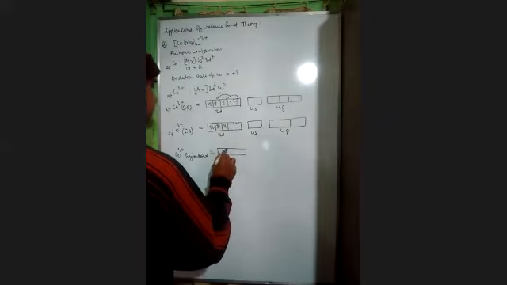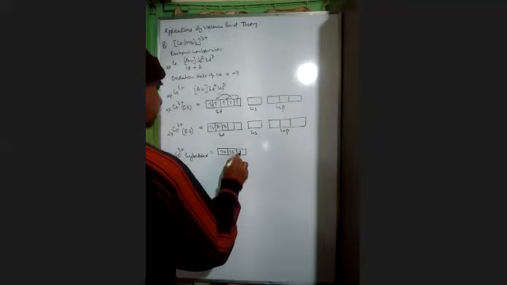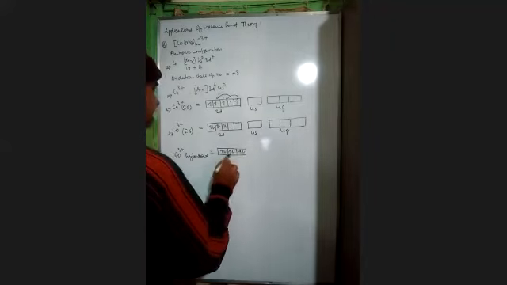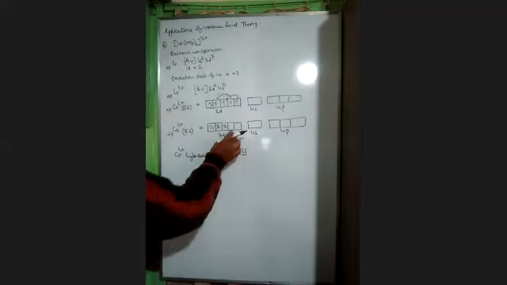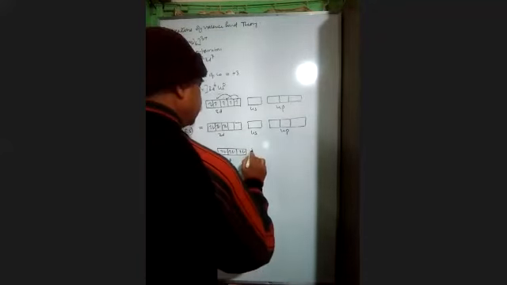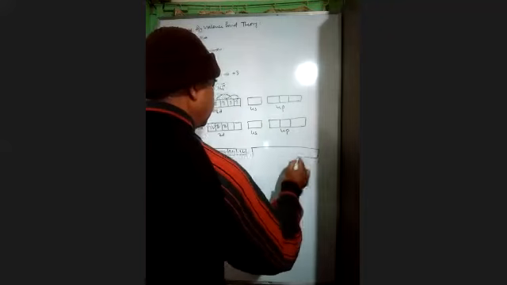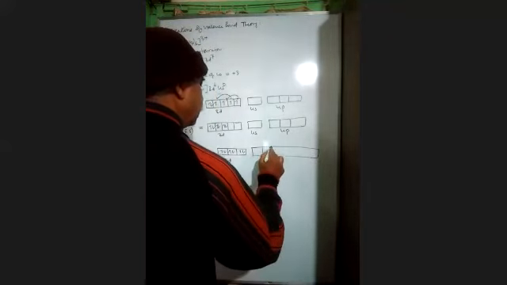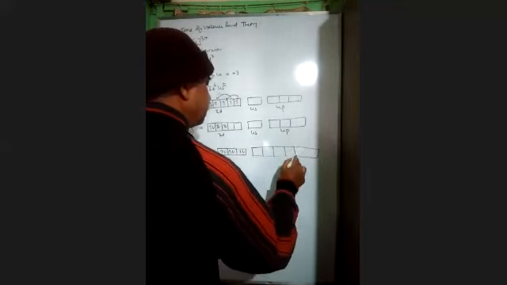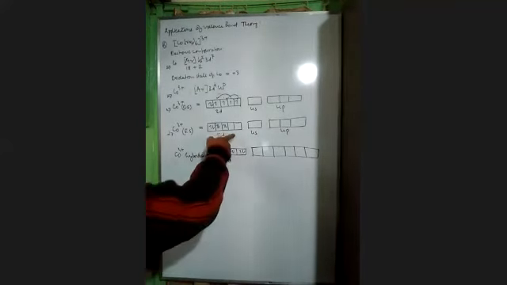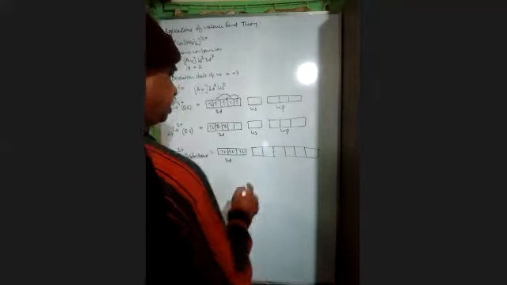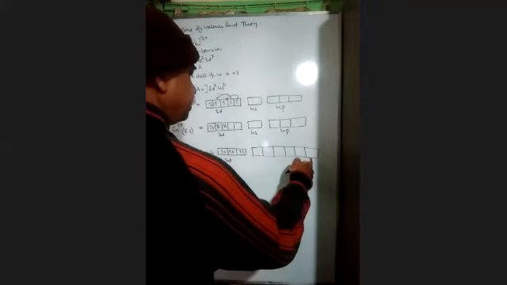These 3 will stay separate. These are unhybridized, so their energy and shape will be different. And these will be hybridized. We know as many orbitals as you hybridize, you get the same number of hybridized orbitals. So 2 plus 1 is 3, 3 plus 3 is 6: 1, 2, 3, 4, 5, 6.